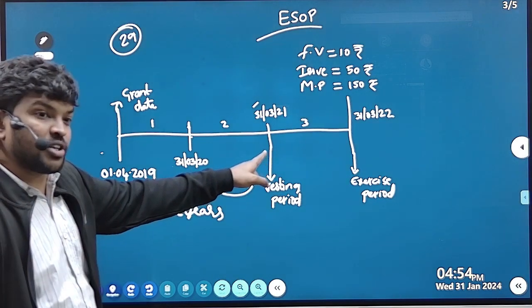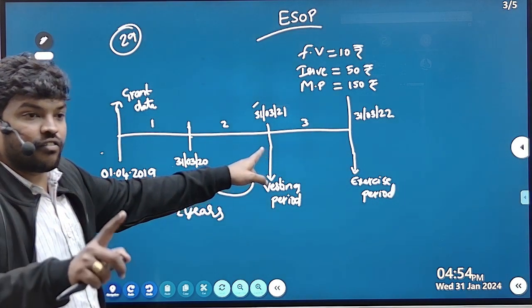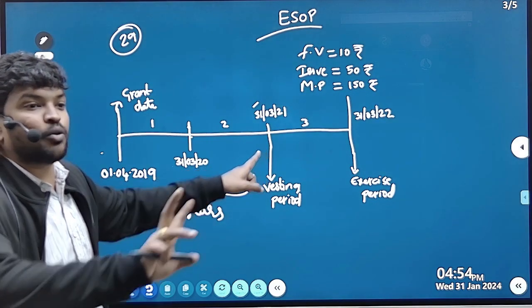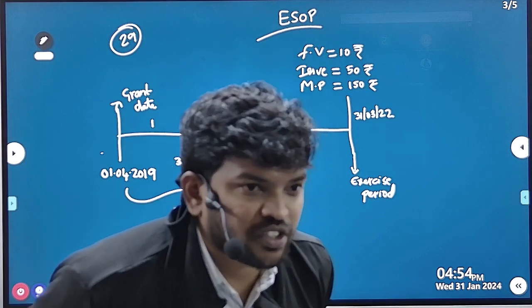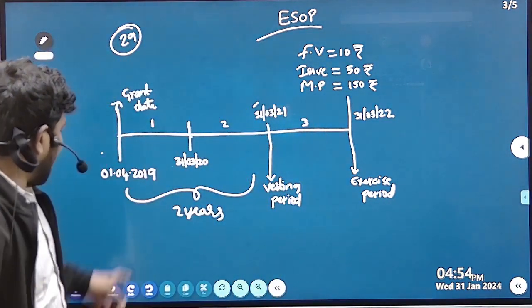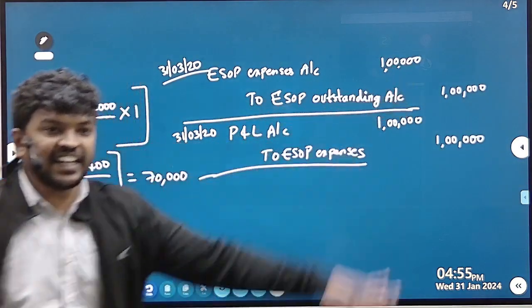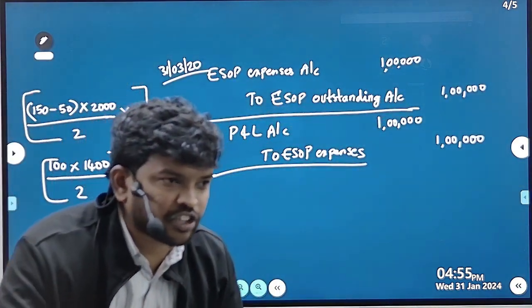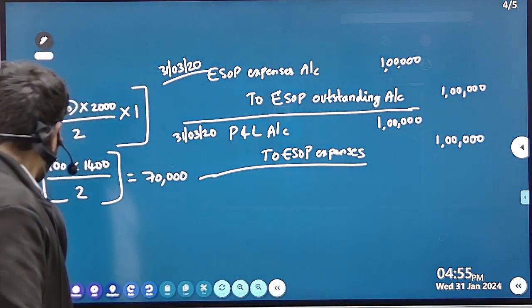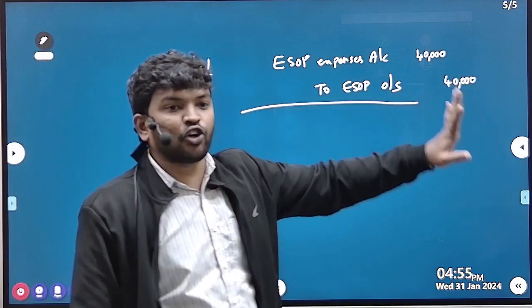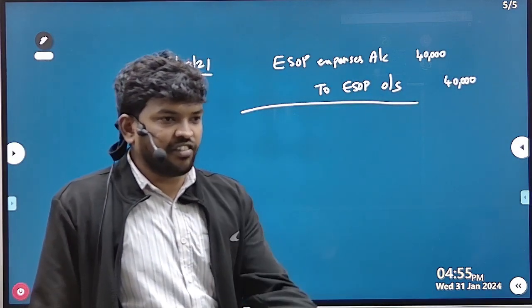So total loss how much? 1400 options into 100 rupees loss. Total loss how much? 1,40,000. Yes or no? So in the first year we took 1 lakh, in the second year we took 40,000, total 1,40,000. Okay, understood? That is why we took 40,000 in the second entry. Understood? You can understand in any way, 2 ways.